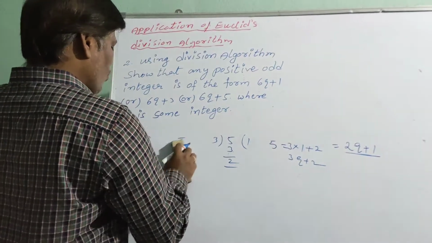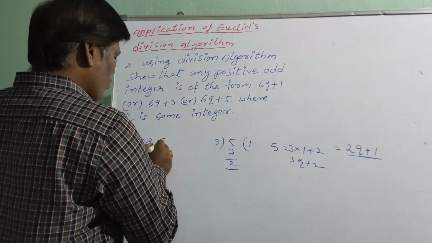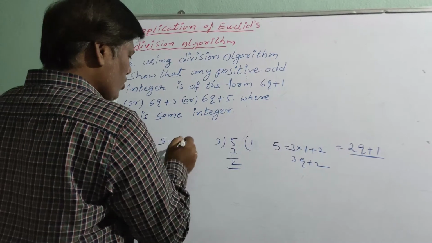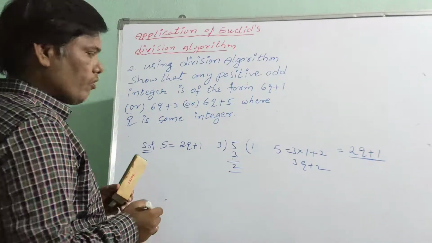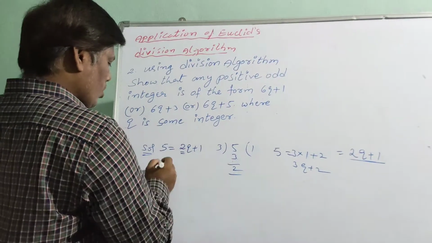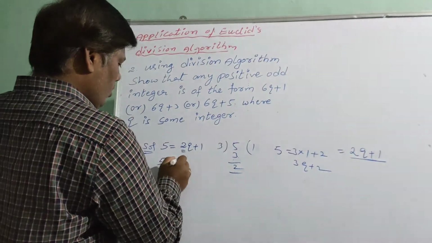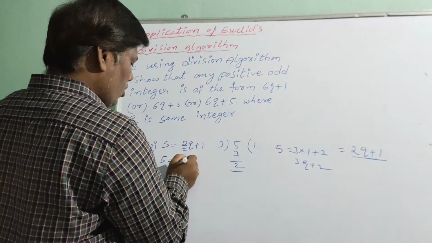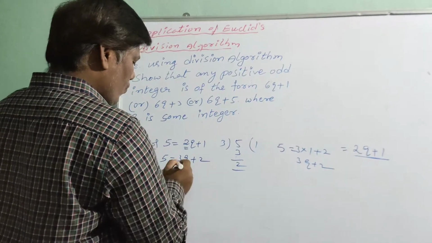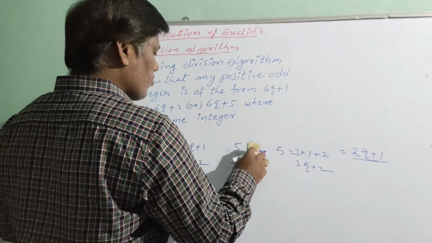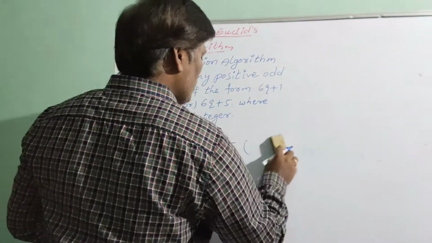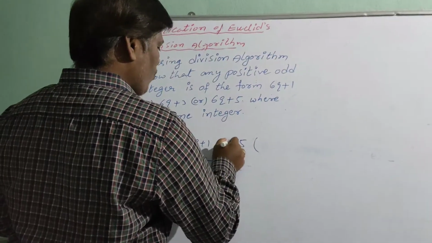So what do you observe here? The number 5 is in the form of 2q plus 1 when the divisor is 2. And the same number 5 is in the form of 3q plus 2 when the divisor is 3. Again, if you change the divisor, let us take the divisor 4.